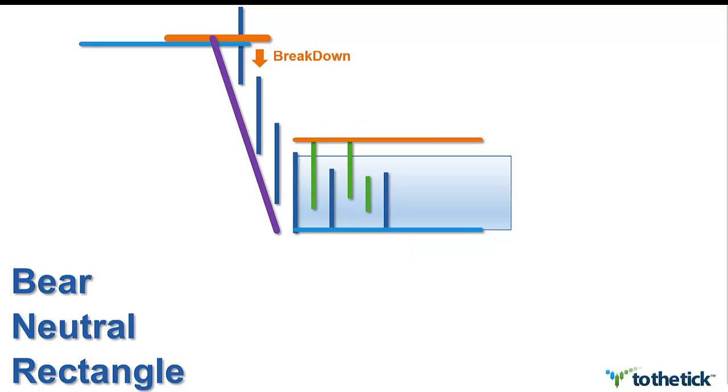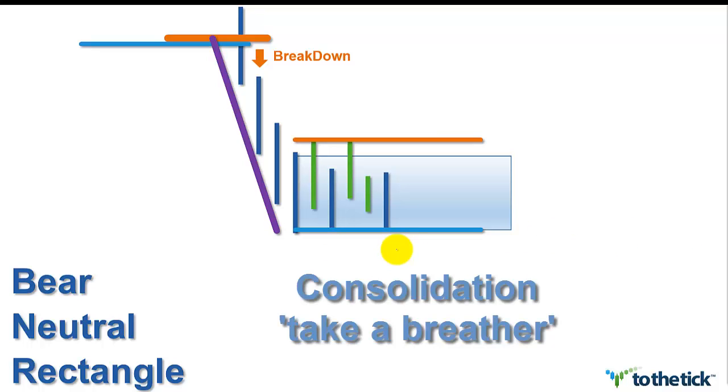We're going to continue to work on part two, and this part two should be a consolidation. Should be what's called taking a breather. The bears have expended so much energy to drop down like this, and we want to see them take a pause. We want this to be a consolidation in both volume and price, meaning we want them to stay in this range-bound environment outlined by our picture.